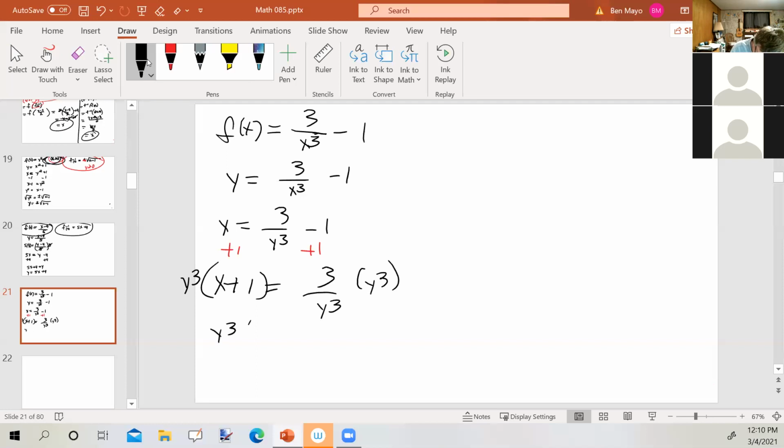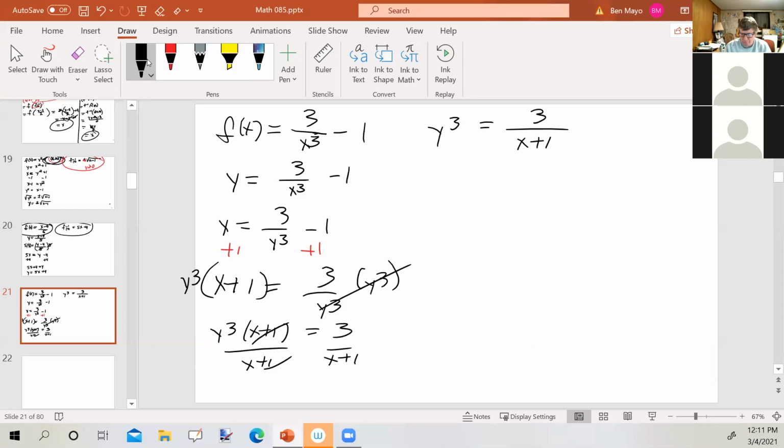So I've got y cubed times x plus 1 equals 3. Since I'm trying to solve for y, there would be no reason to distribute the y cubed. So I'm going to divide both sides by x plus 1. So I've got y cubed equals 3 over x plus 1.